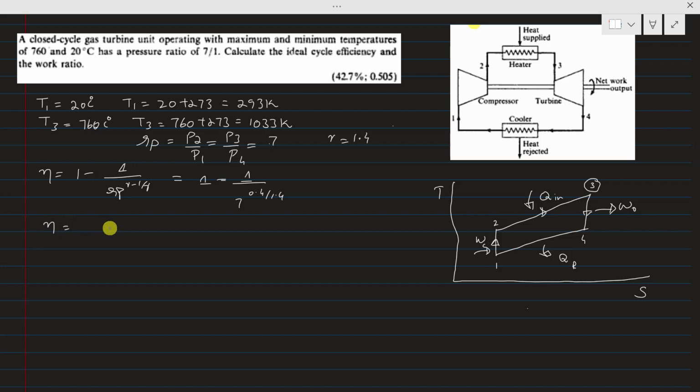After doing the calculations, you will get 1 minus 1 divided by 1.745. I'm not doing the calculations because that part is easy for anyone to do.